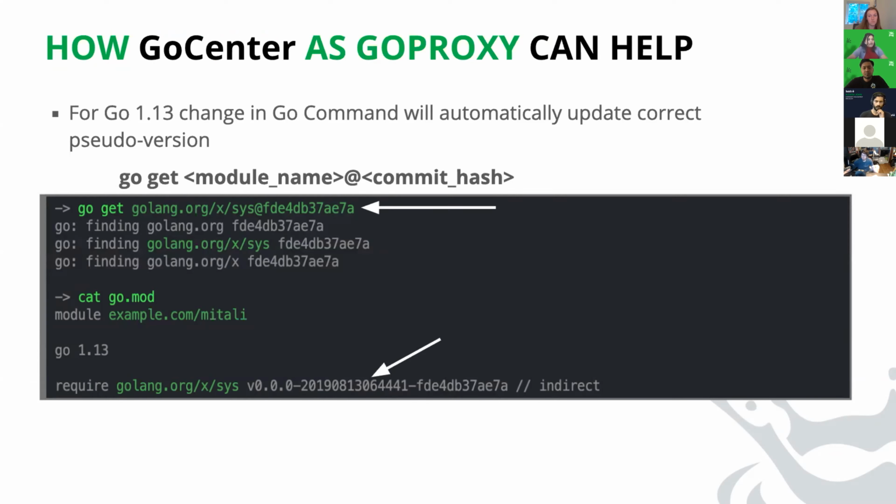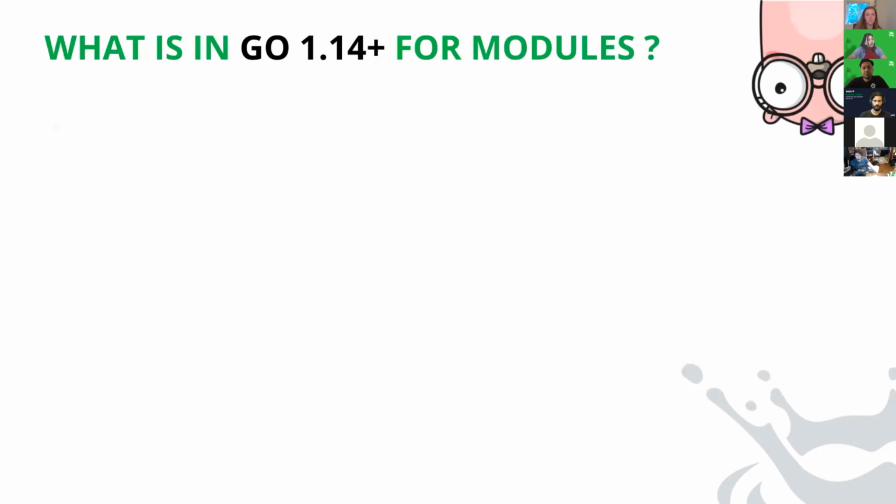So now we have gone from Go 1.12 to Go 1.13, and we know that Go 1.14 was released in March, and there are some changes related to Go modules, or I can say new features, that might be useful. From Go 1.14, you can use a modfile flag, in which you can give a path to a different mod file.